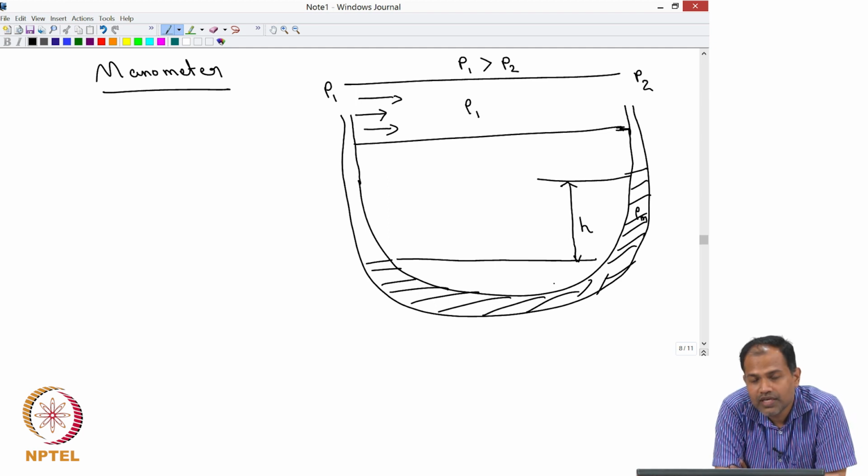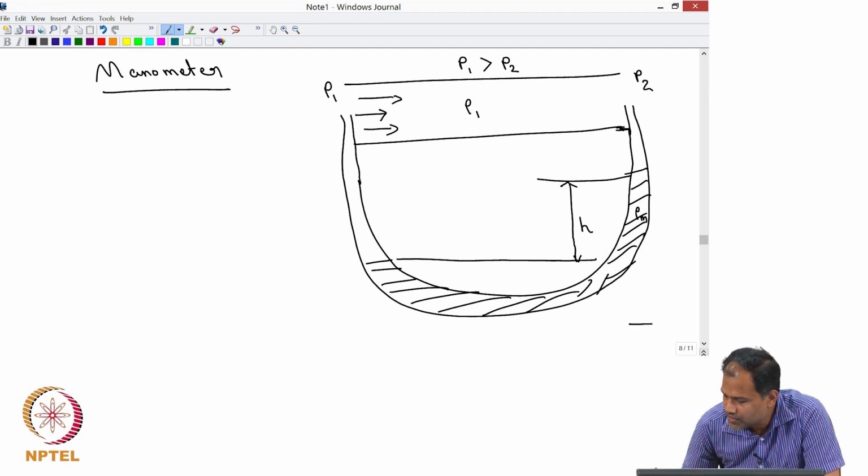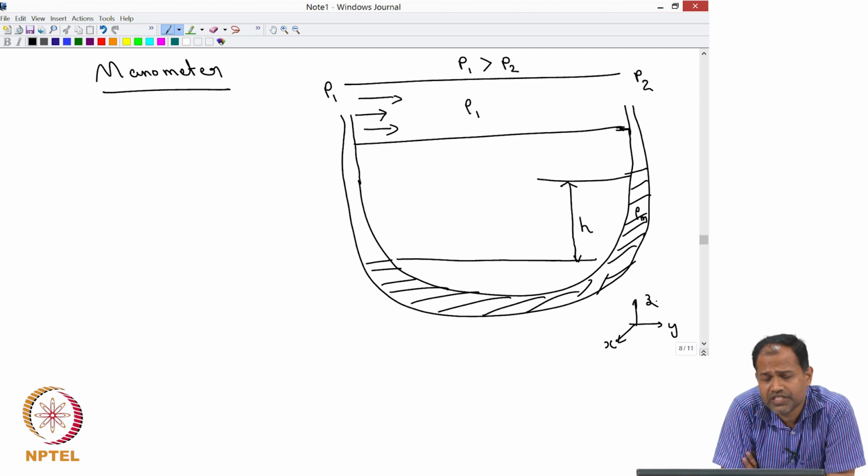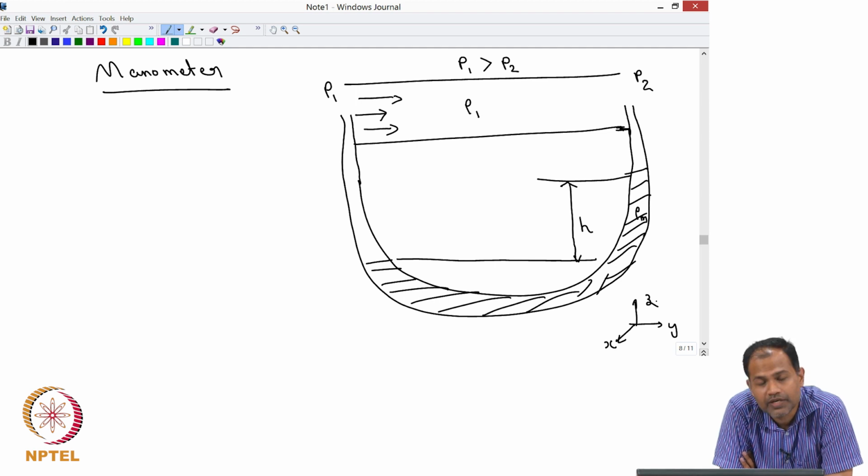We will choose the same coordinate system, x, y, z. Pressure can vary only in the z direction, because that is the only direction in which gravity is acting or weight is there to balance your pressure forces. Pressure does not change in the x or y direction.